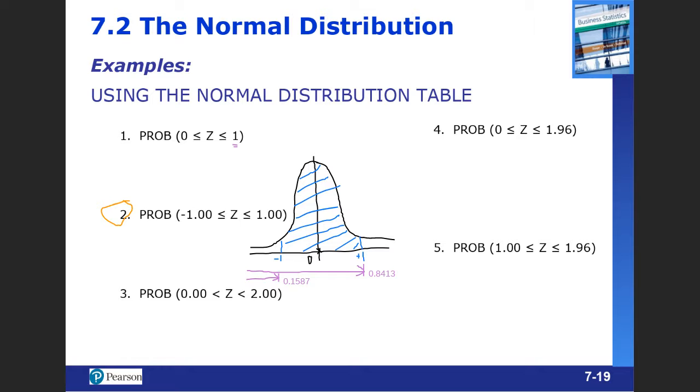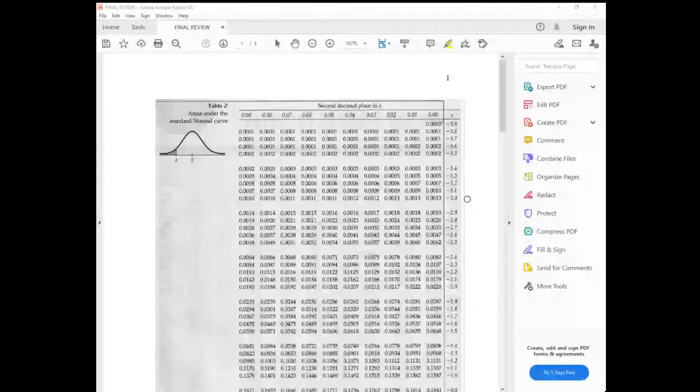Okay, so we're going to look up to see how I got this area. So the area from -infinity up to -1, right? That's the area I'm talking about, just this area here. Okay, so sharing my screen. Okay, so the first page has negative values of z, which is what I want.